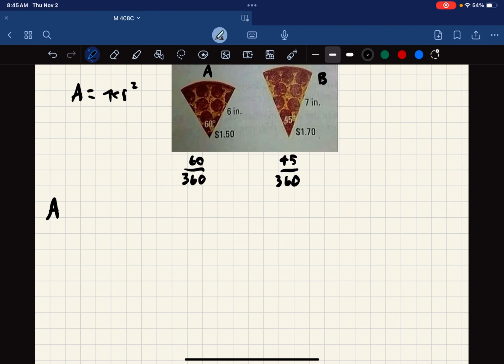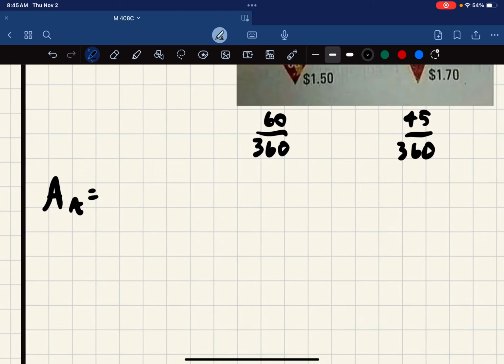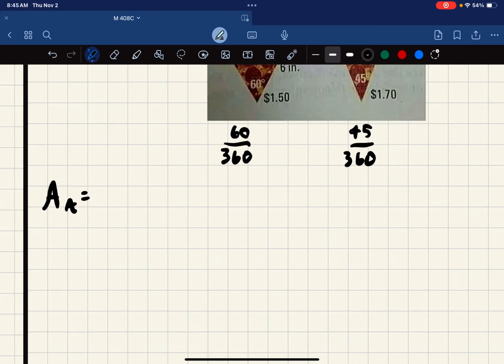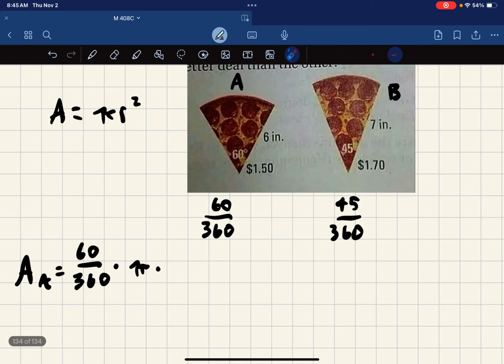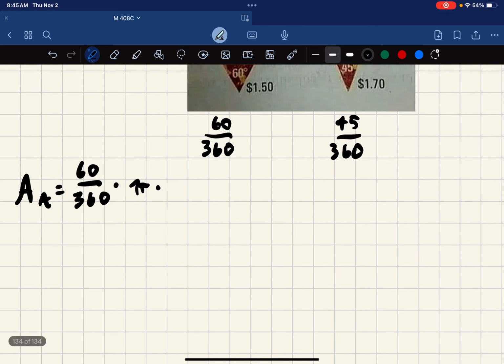The area of slice A equals the proportion of each pizza slice, so 60 over 360 times pi times the radius, which is given to us here, 6 inches, squared. So 6 squared.